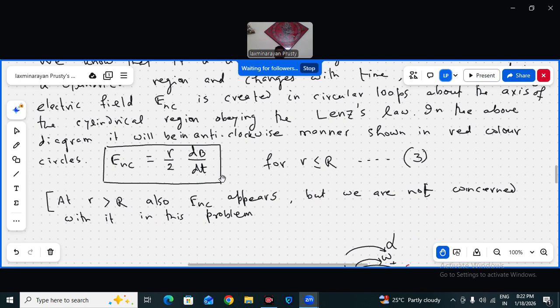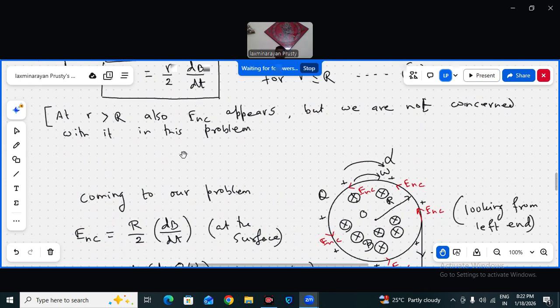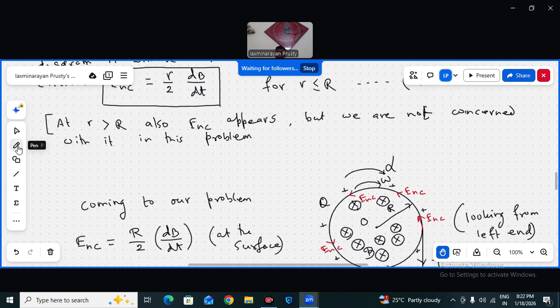This you know, and I am going to use it for our situation. When r is greater than R, the field outside the region also appears, but we are not concerned with it in this problem.